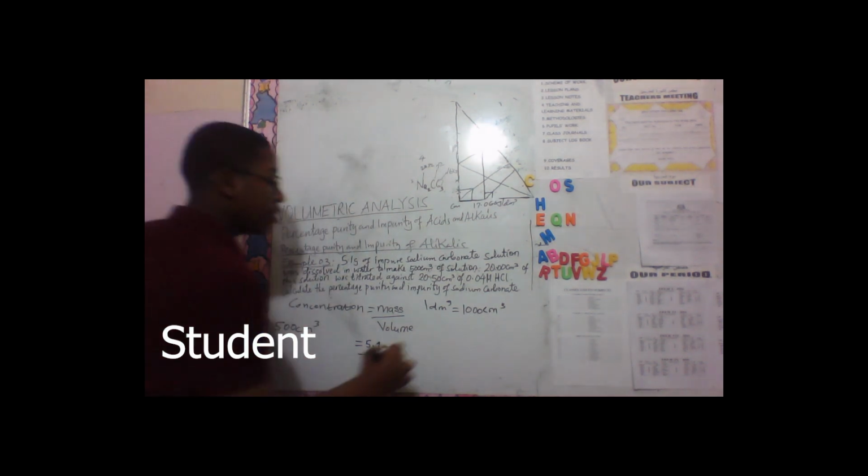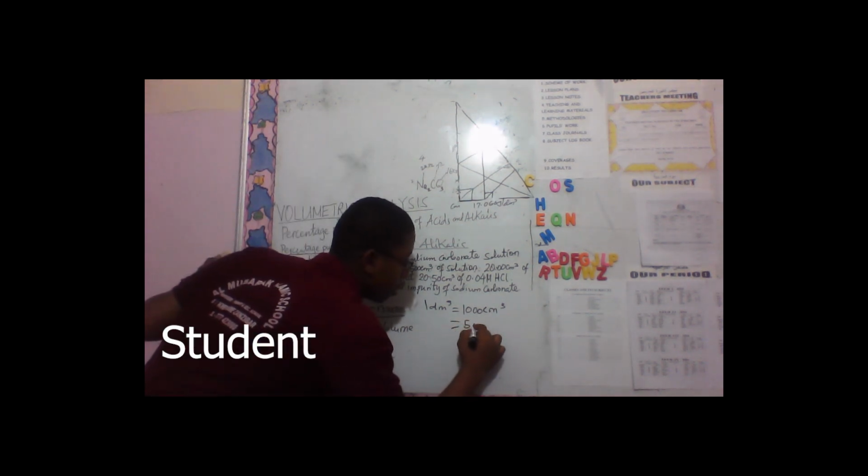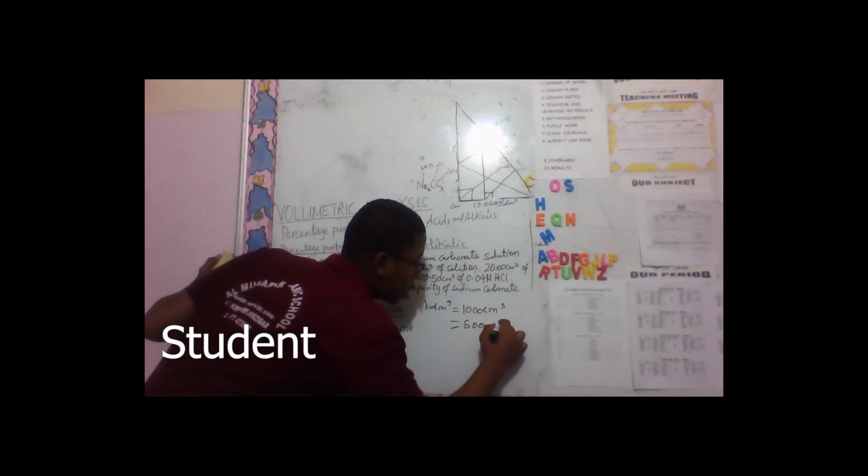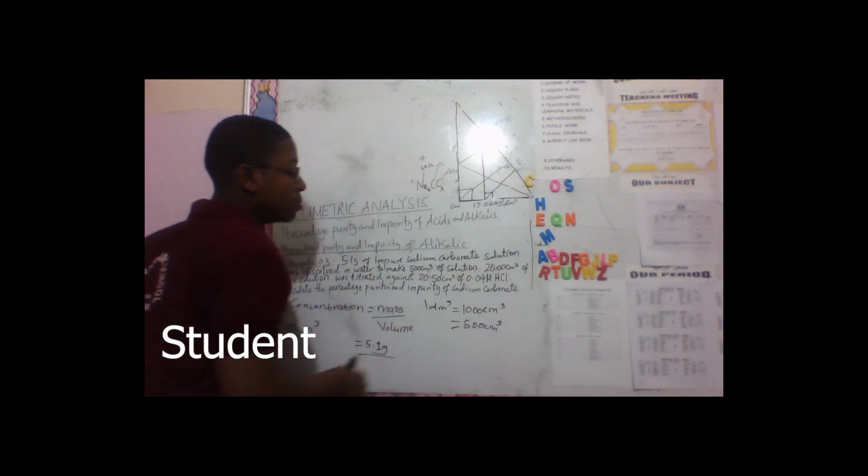If we place 500 centimeter cubed here, how many decimeter cubed will it be?